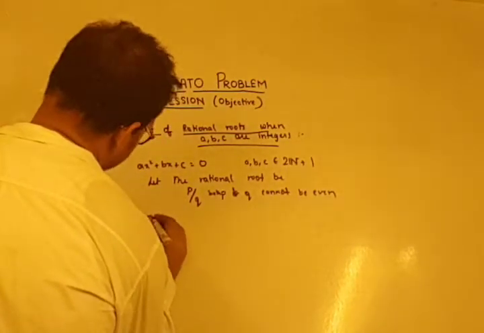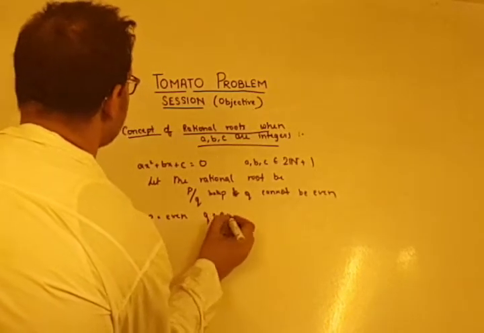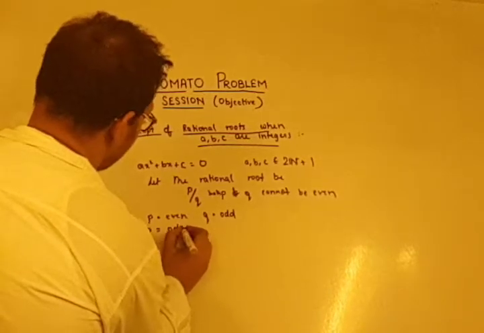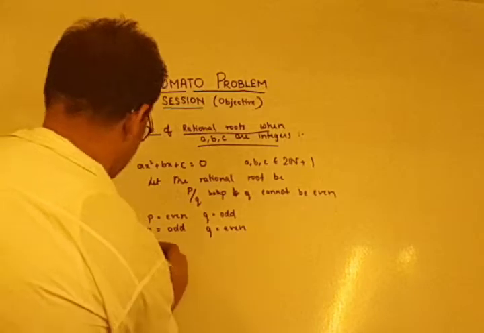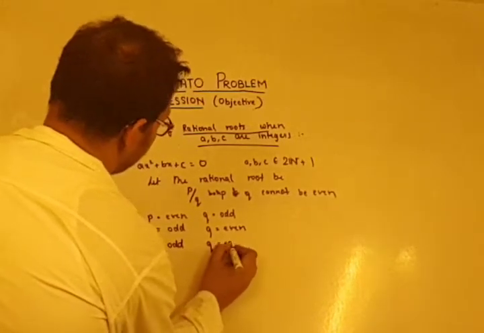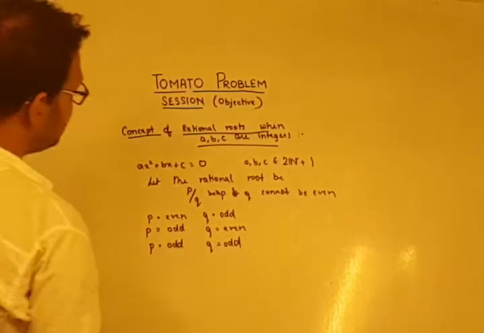The possibilities are: P even, Q odd; P odd, Q even; P odd, Q odd. Now 0 is an even number, we all know it. So what if I substitute P by Q?